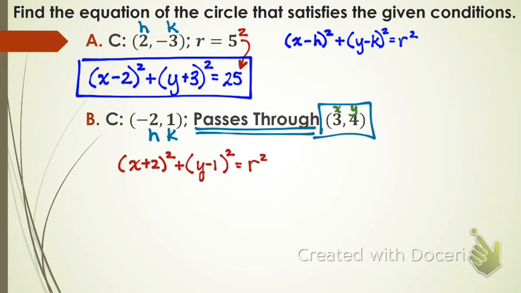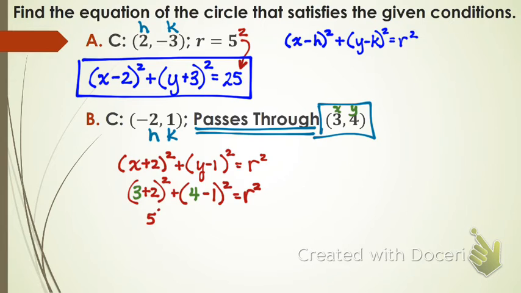If I take this point right here and I substitute it in for x and for y, I can then evaluate it, simplify it to find r squared. So I'm going to put 3 in the place of the x, and I'm going to put 4 in the place of the y. And that will give me the r squared that I need to finish writing my equation. 3 plus 2, huh?